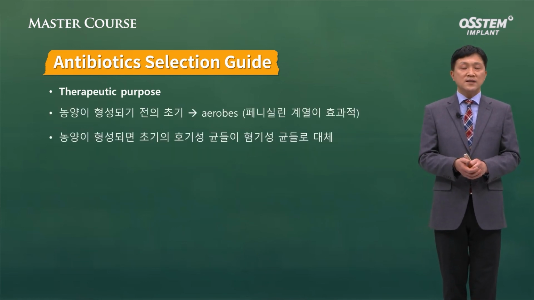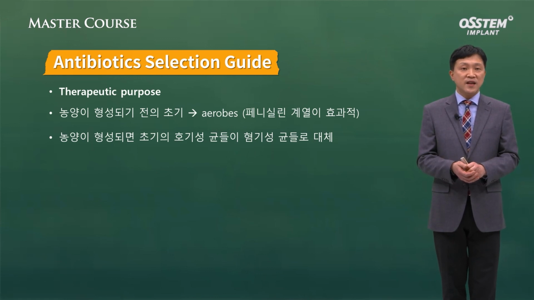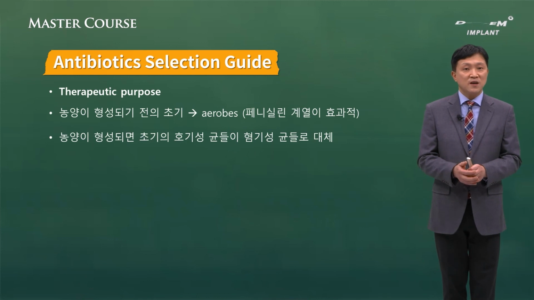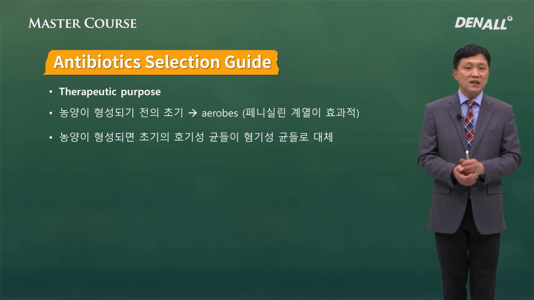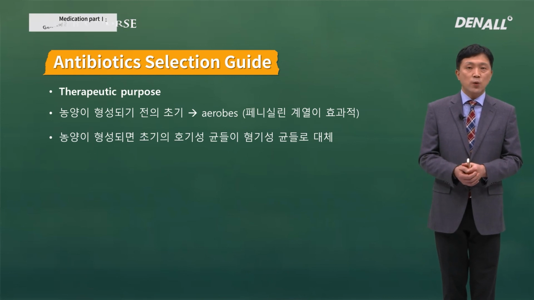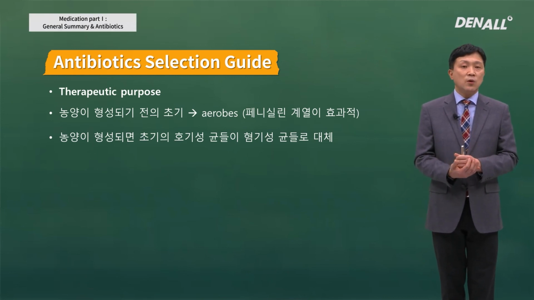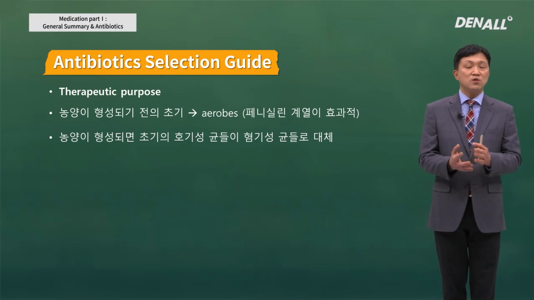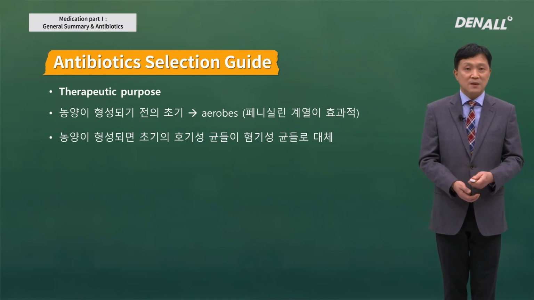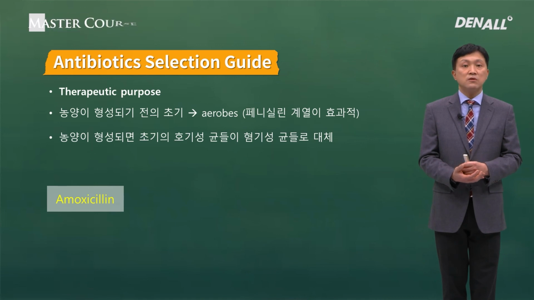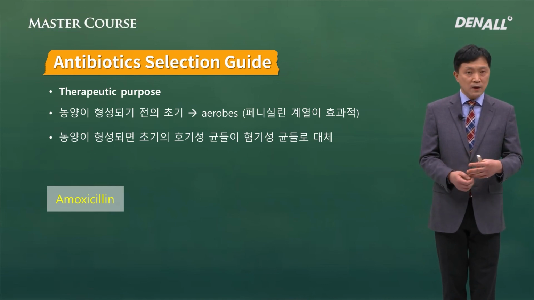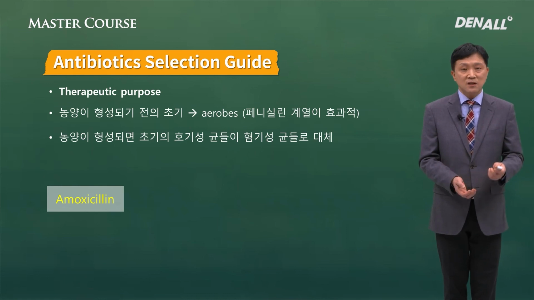For therapeutic purpose, we need to understand that at the early stage, before pus is created, penicillins are effective for aerobes. Once pus is made, early aerobes would be replaced by anaerobes. Then you'd better change to antibiotics susceptible to anaerobes. So you need to start with amoxicillin at the beginning.